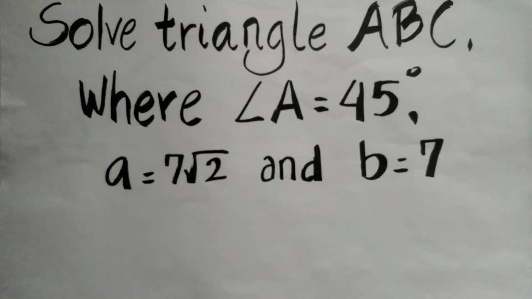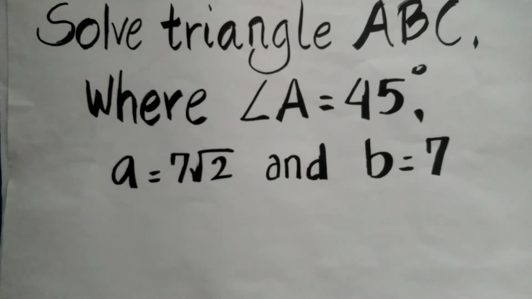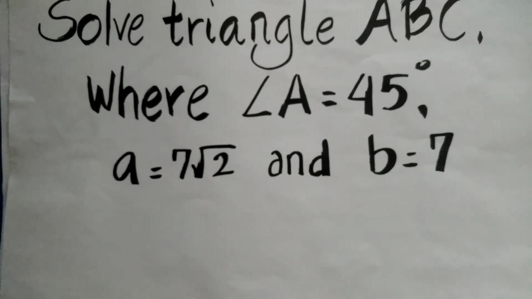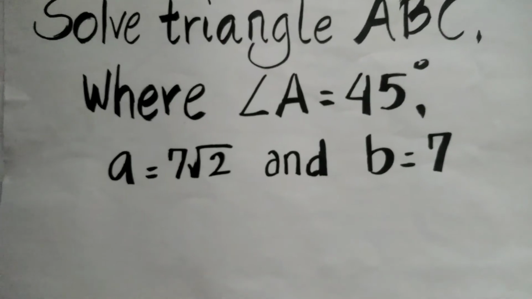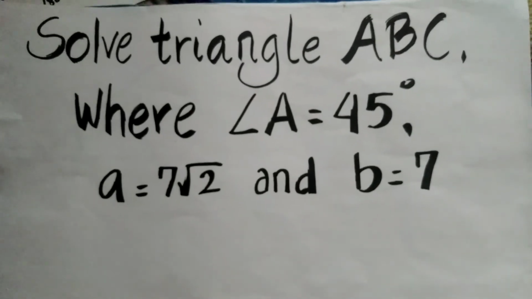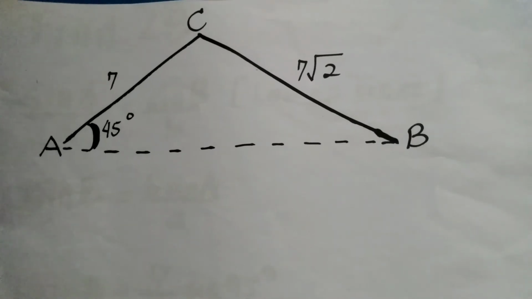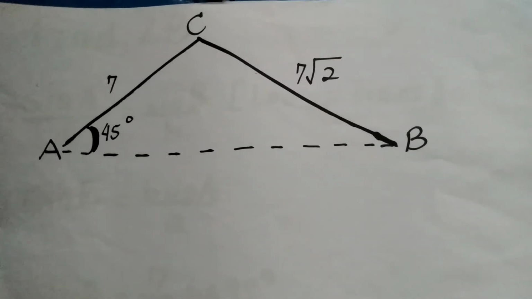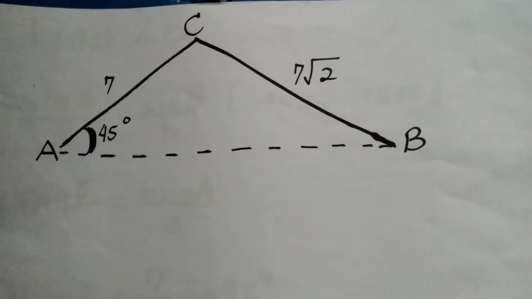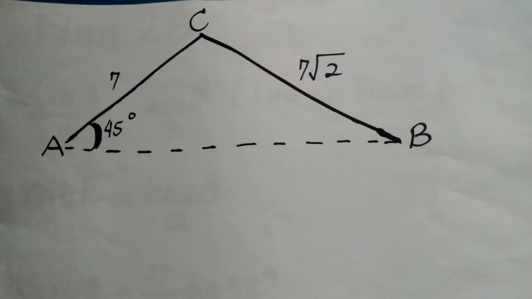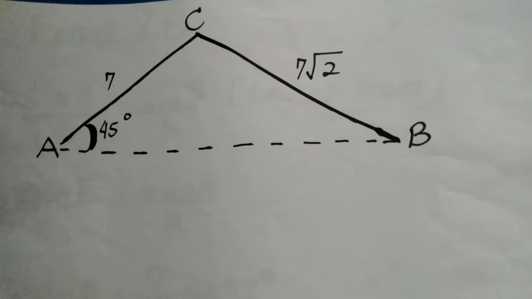We first sketch the triangle with the information. Our sketch is necessarily tentative since we don't know yet the other angles. However, we can see now the possibilities. As we sketch triangle ABC, angle A is given as 45 degrees, and side a is also given, which is 7 square root of 2.